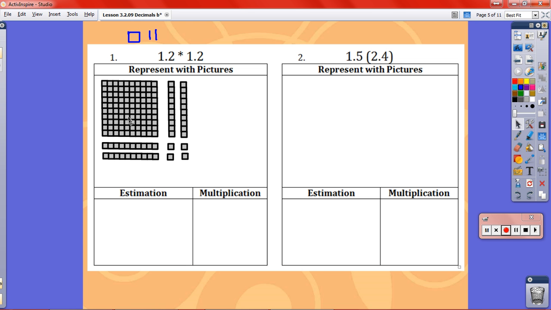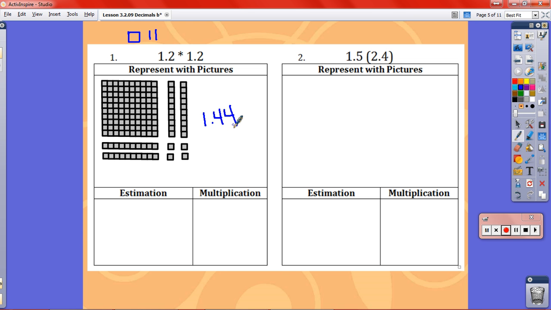So I end up making 1 and 2 tenths this way, and then 1 and 2 tenths this way, and filling in the empty spaces to get my answer. So that is 1 and 4 tenths and 4 hundredths.